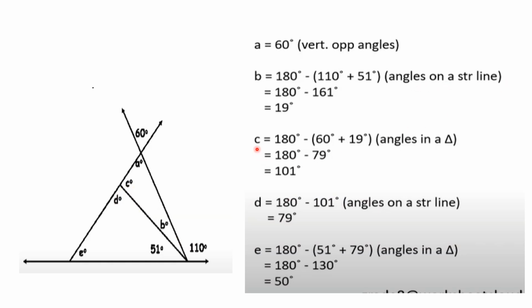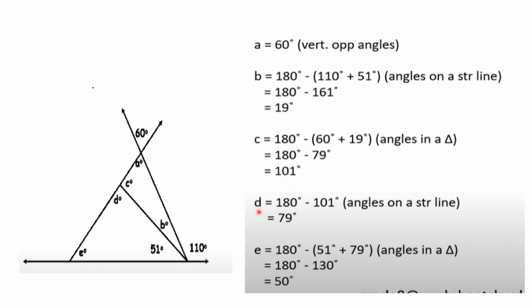So letter C is inside a triangle with letter A and letter B. As we know that angles in a triangle equal 180 degrees, we're going to find letter C by subtracting the sum of the two angles, 60 degrees plus 19, from 180. Then the answer for letter C will be 101.